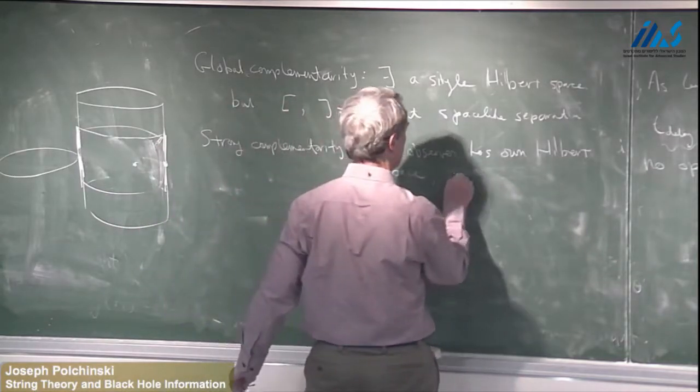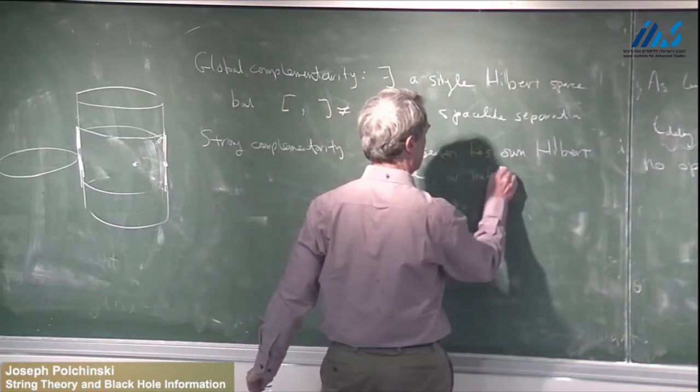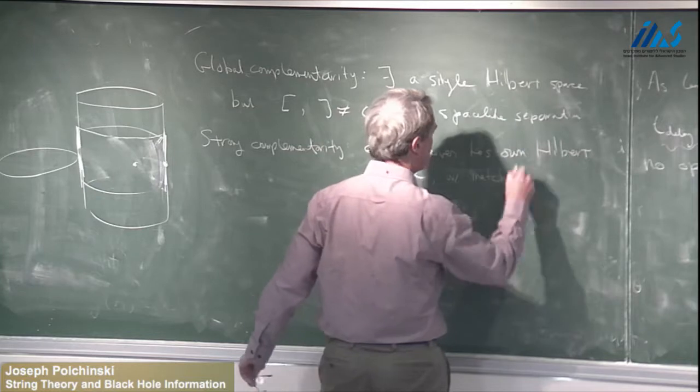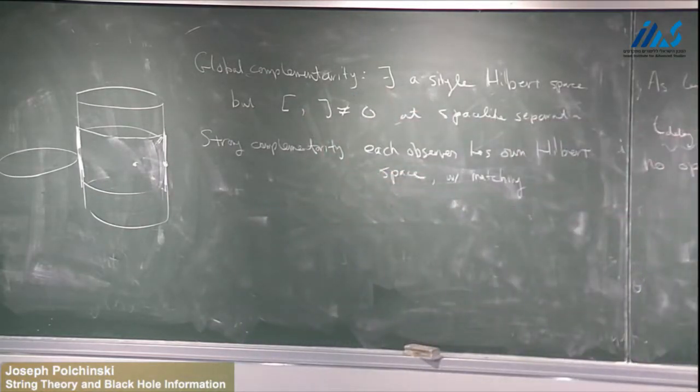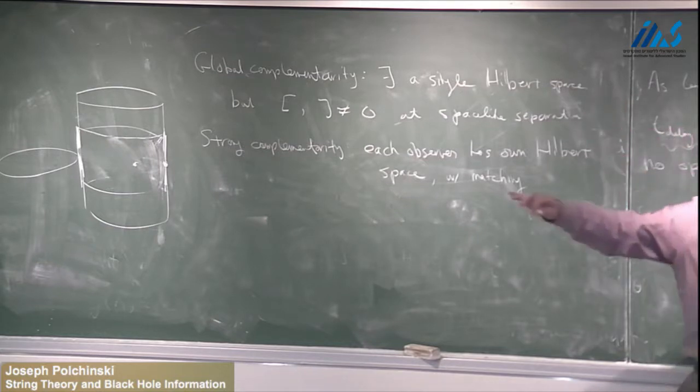You mean each observer inside, one outside, one inside? Well, even in Minkowski space. Even in Minkowski, it's not such an issue, but these questions come up in cosmology too. The question is, what is the right setting for quantum gravity in the context of cosmology? I would say it's still natural to think that there is some single Hilbert space.